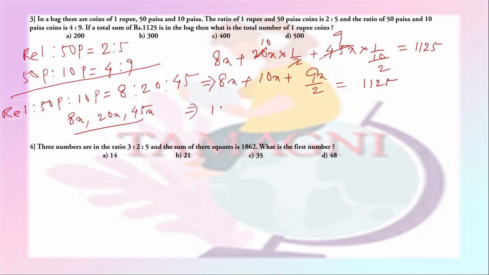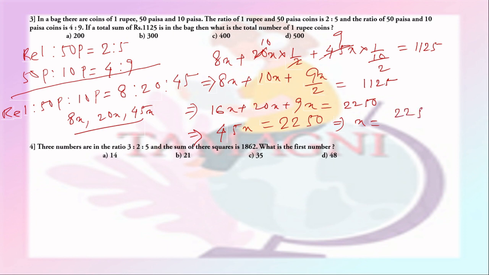So it will be 16x plus 20x plus 9x equal to 2 into this one, that means 2250. This gives 45x equal to 2250. This gives x equal to 2250 by 45, which gives 50. So the value of x is 50.